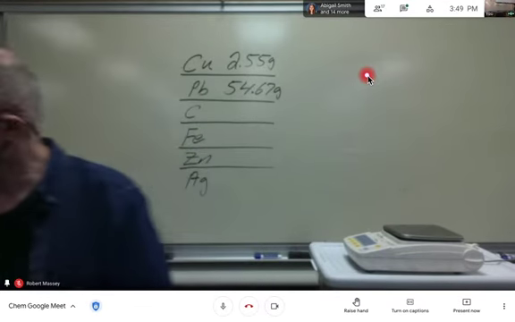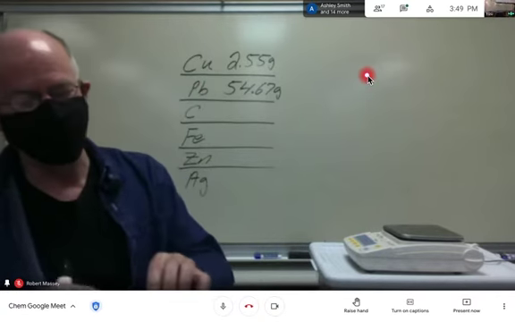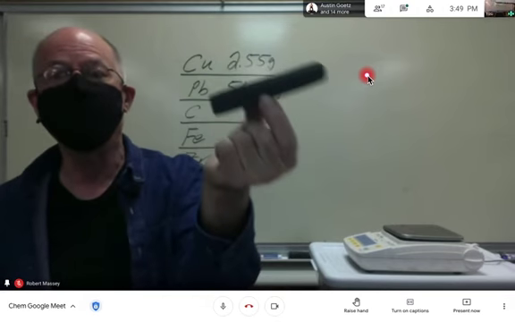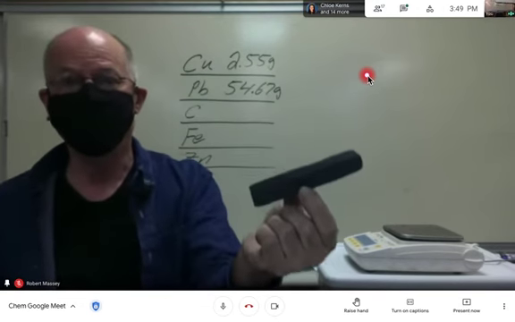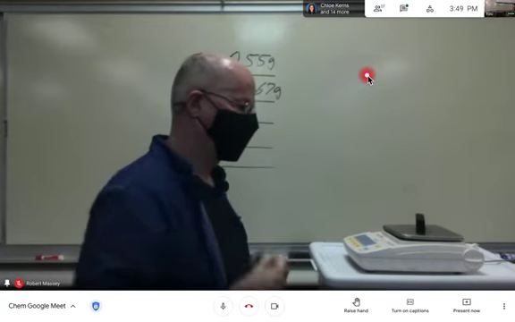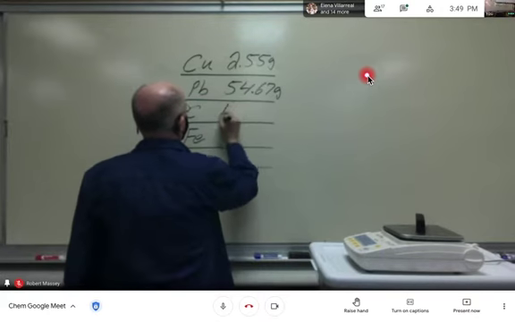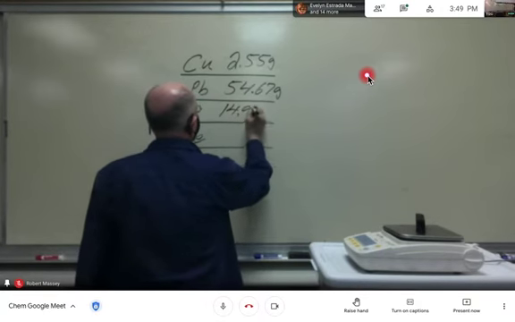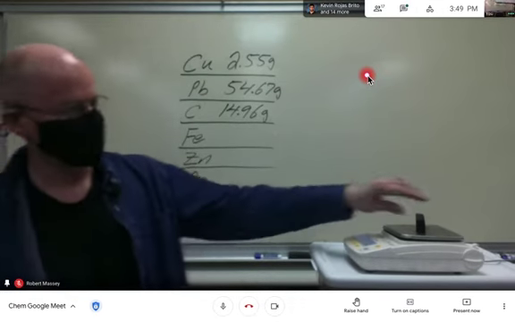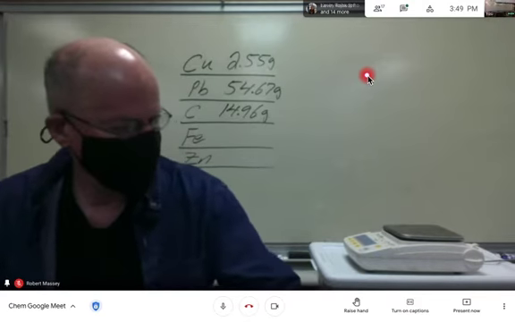Okay, the next is carbon, and rather than a diamond, I have charcoal. And if you don't know, if you just take wood and burn it all the way through, that's what we call charcoal, and it's just 100% carbon. So it is 14.96 grams. And then iron.